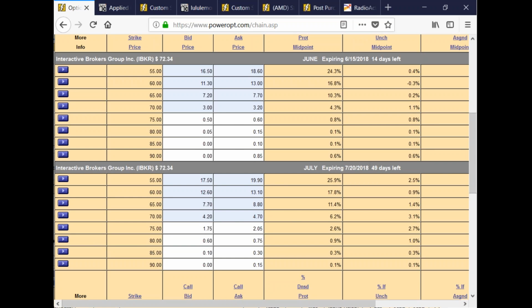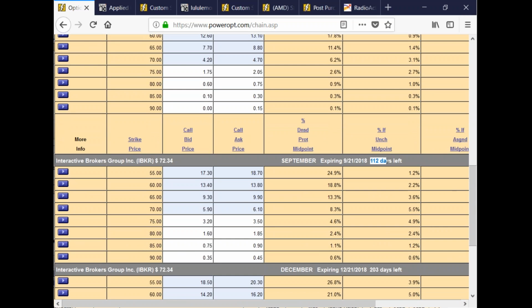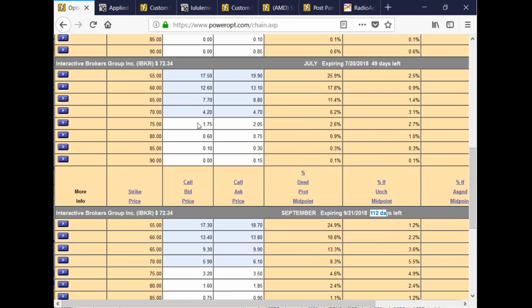So this is roughly 4 times the amount of time, but it's not quite 4 times the cost. It's right close to it, okay? So 14 to 49 days. Now, 112 days out, this is at, let's call it 195.